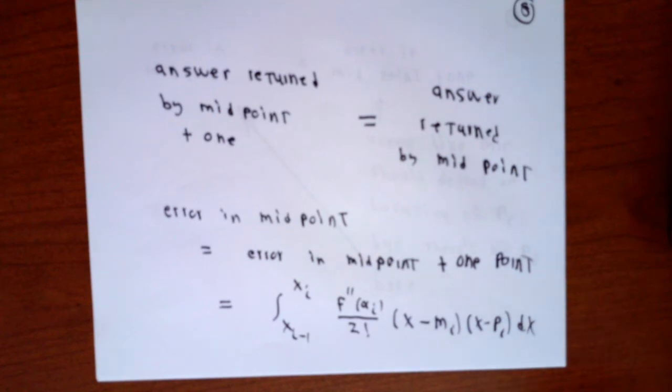So the error in the midpoint rule is really, unexpectedly, the integral from x(i-1) to xi of the second derivative of f evaluated at alpha i over 2 factorial times (x minus mi) times (x minus pi). At first glance, it doesn't seem like there's much hope of evaluating that because it looks as though it depends on the pi.